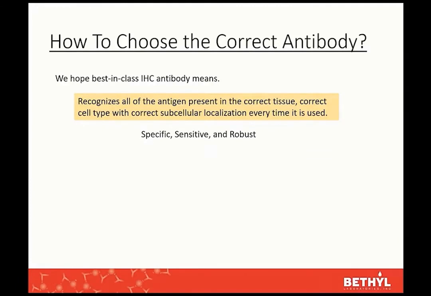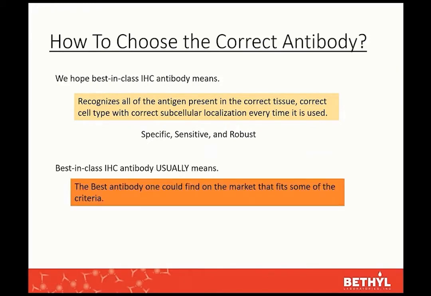What we hope it means is that it is an antibody that recognizes all of the antigen present in the correct tissue, the correct cell type within that tissue, and has the correct subcellular localization every time that we use that antibody. So it is sensitive and robust, and it is actually on target with only its target.